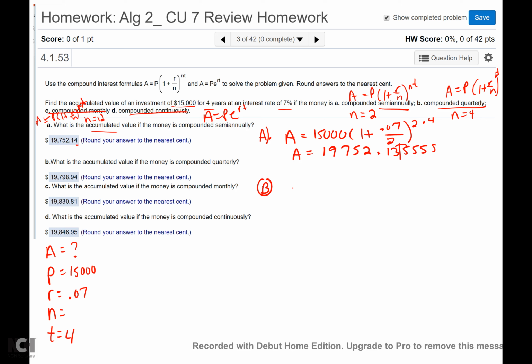For B, A equals 15,000, 1 plus 0.07. The only thing that's changing is my n, so n would be 4, to the 4 times t, which would be 16. So if I type that in, 15,000 times, parentheses, 1 plus 0.07 divided by 4, close the parentheses, caret 16, and I get 19,798.9.